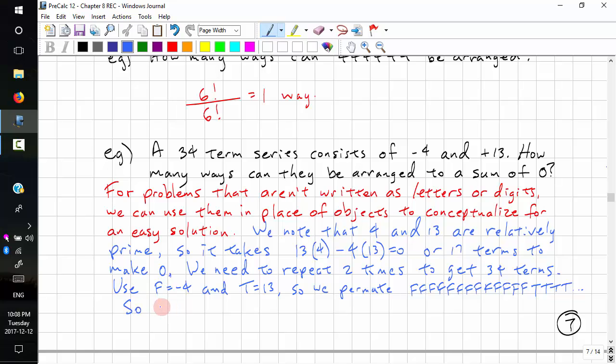So we have 34 objects. We're repeating the 4, 13 times 2, so that's 26. And we're repeating the 13, 2 times 4, that's 8. And if we do this on the calculator, we get 1,856,204.